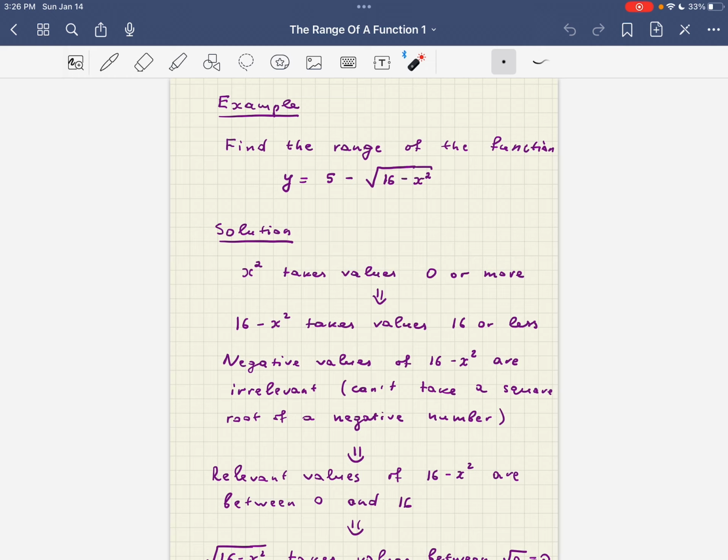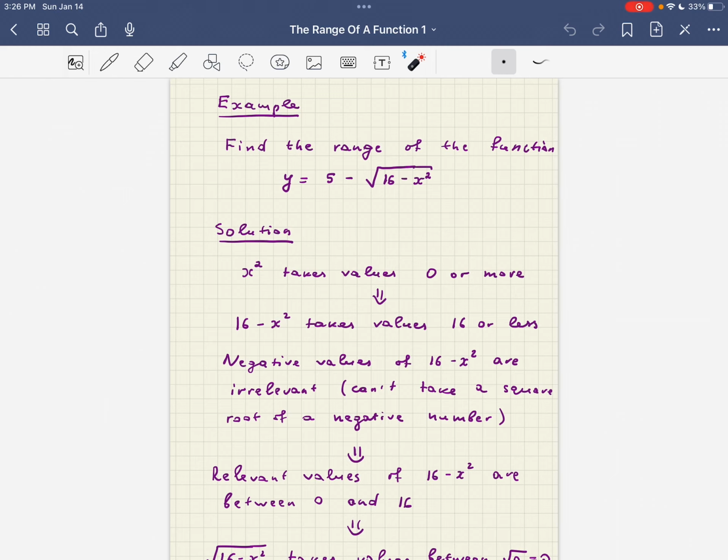Now, if we look at the equation for our function, once we computed 16 minus x squared, the next step in calculating the value of y would be to take the square root of 16 minus x squared. And let's remember that we can't take square roots of negative numbers.